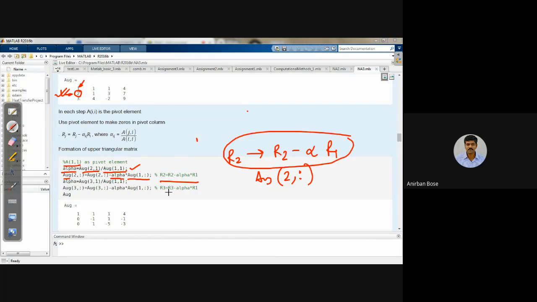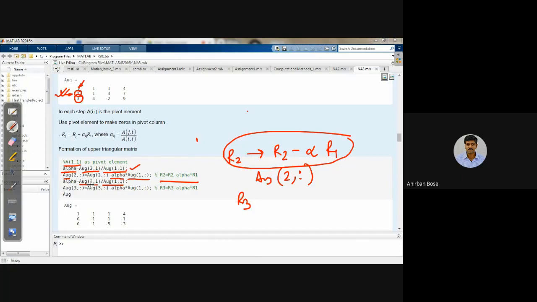Next, you have to operate on the third row. For the third row, the alpha value will change. Why will the alpha value change? Because in the third row, you have to multiply by 3 to make it 0. So now the same alpha we have replaced by augmented 3 1 divided by augmented 1 1. Augmented 1 1 is the pivot value, that will be in the denominator.